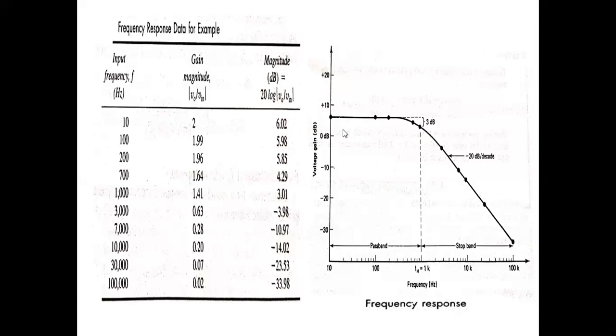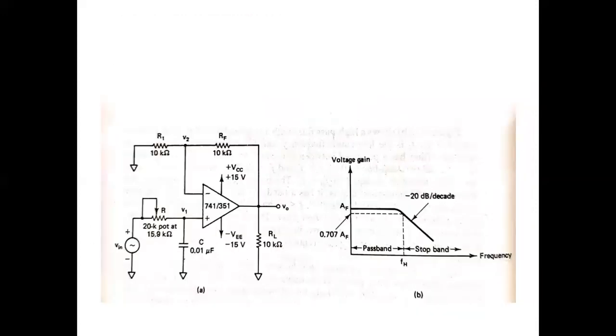Now, as they have said, design the filter. Just write down the values you have got for the low pass filter. You have used the same resistance value for R1 and Rf in order to get a gain of 2, and therefore R1 is equal to 10 kilo ohm, Rf is equal to 10 kilo ohm. Whatever values you have used, show them here, as well as the value of R, how much we have got.